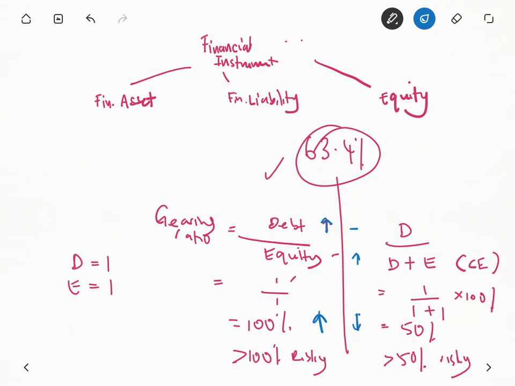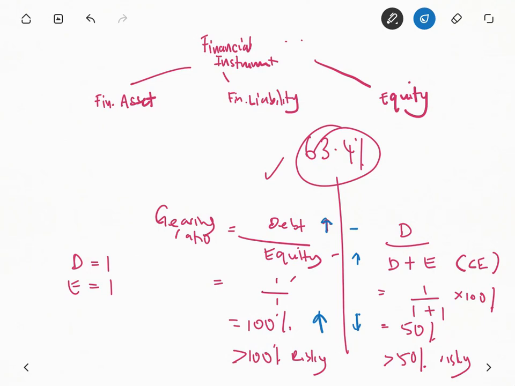We have to look at the characteristic of the instrument. Is there a contractual obligation to deliver cash, or to exchange under conditions potentially unfavorable to the company? If you meet that criteria, you must put it as a liability. It's not up to you; we look at the substance.